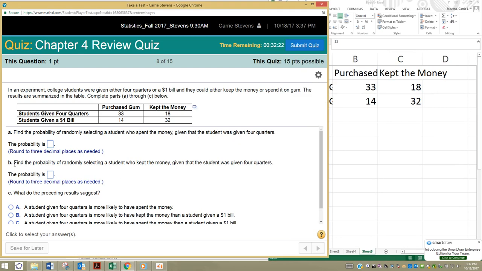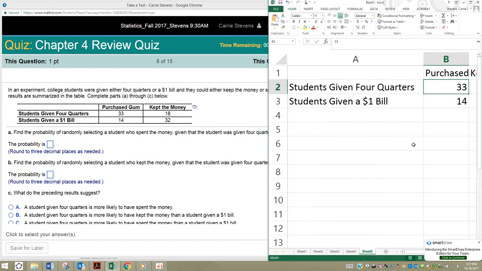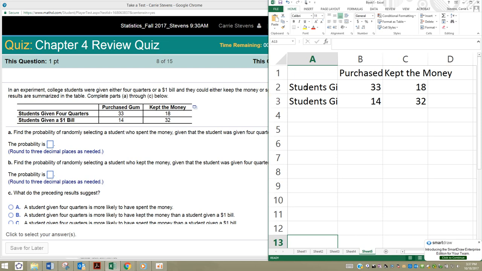Also note that in part B, I'm also only interested given 4 quarters. So in both of these parts, the given assumption is that they had 4 quarters.